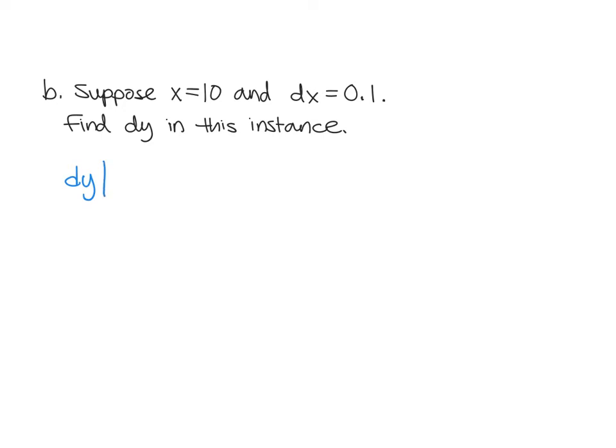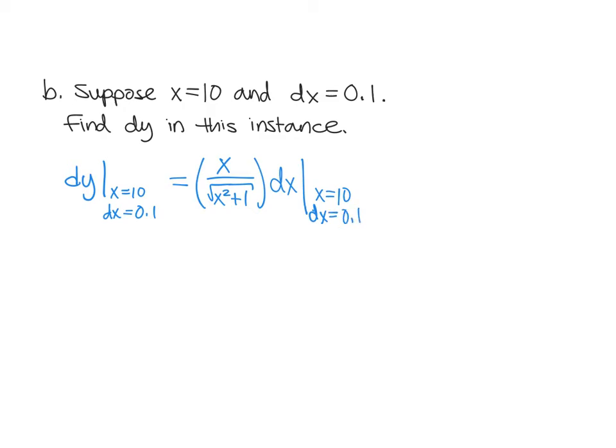So dy, where x equals 10 and dx equals 0.1. Substituting in, remember it was x over the square root of x squared plus 1 times our dx, and that was all we want to substitute in. x equals 10 and dx equals 0.1 now.